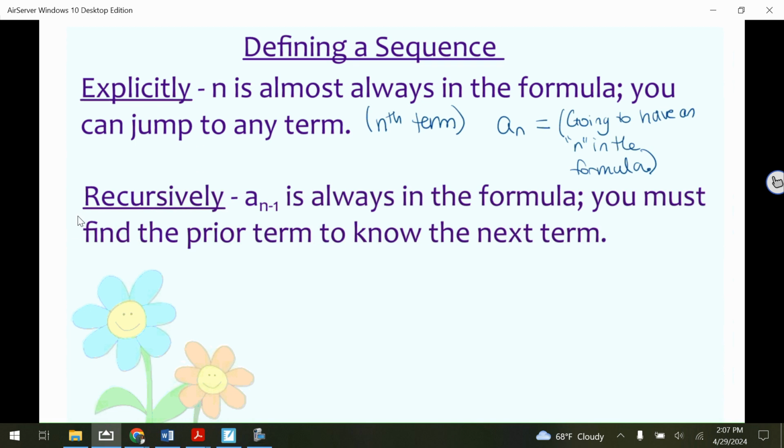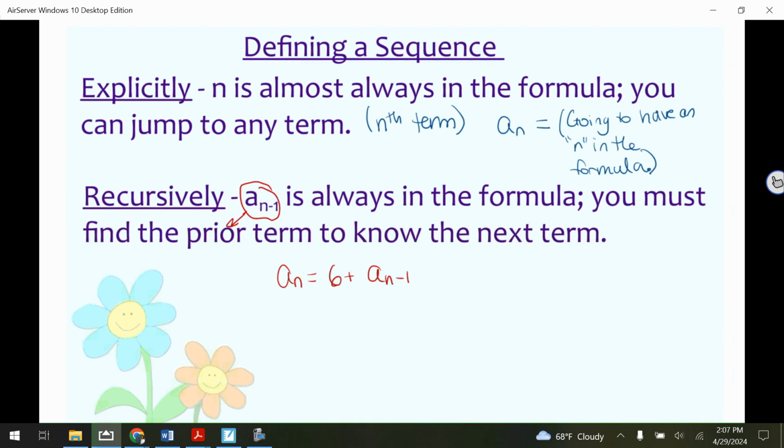If you have a recursive definition, this term, which is called the prior term, will always be in the formula. So it's still given by a sub n, but it would be something like 6 plus a sub n minus 1. It's always going to involve the prior term.